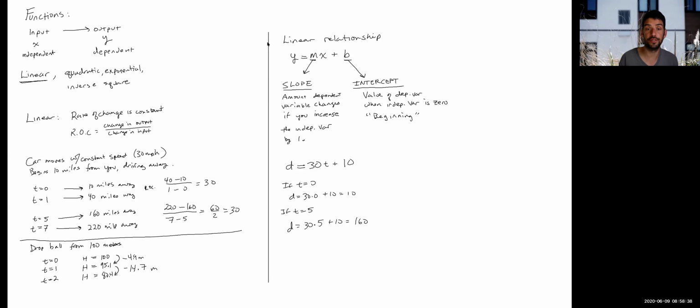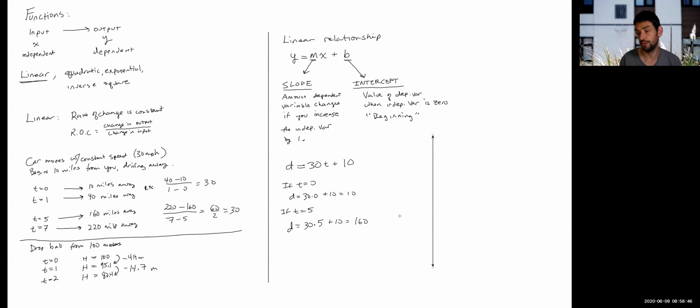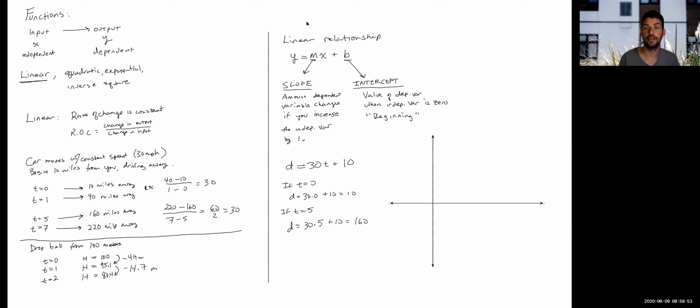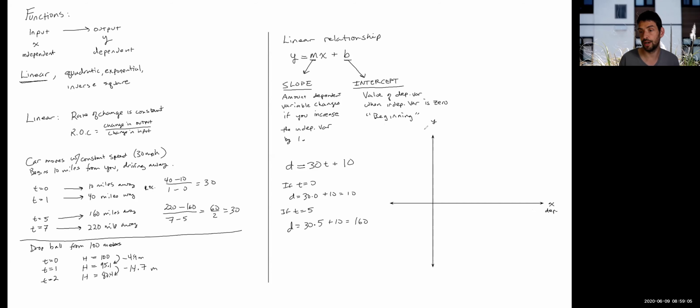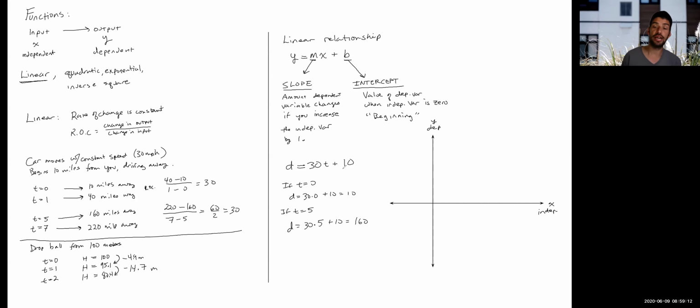We can also think of them graphically. So let's draw our little set of coordinate axes. What we typically do is we let values on the horizontal axis represent x, the independent variable, and we let values on the vertical axis represent y. Oh, sorry, I wrote dependent. This is independent, and this is the dependent variable. Right? And we can graph these relationships.